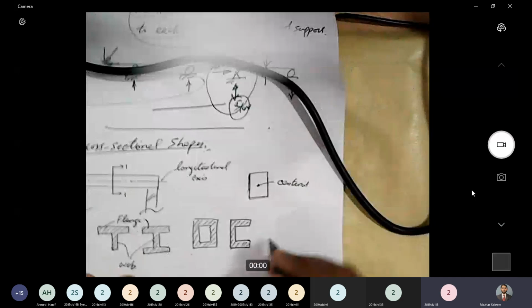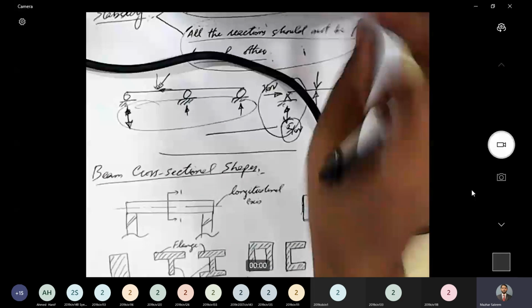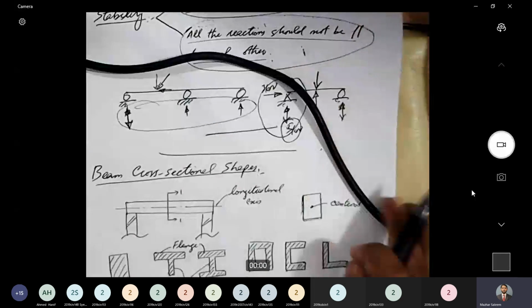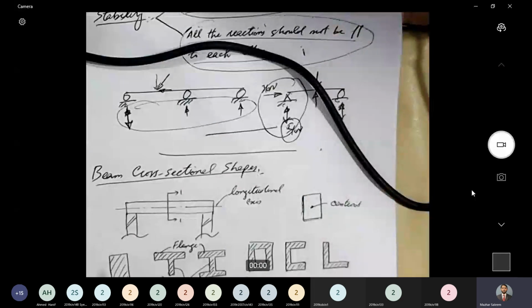Yes. Sir, please explain centroid once. Centroid. I hope you would have discussed centroid in basic mechanics. So centroid is basically the geometrical center of a shape. The geometrical center of an area is termed the centroid.